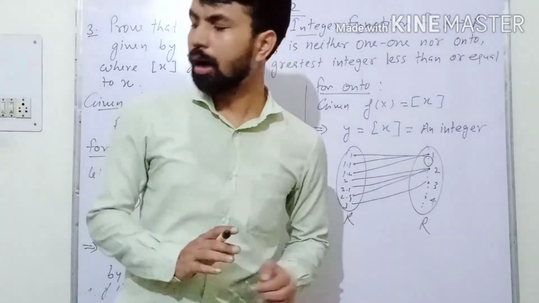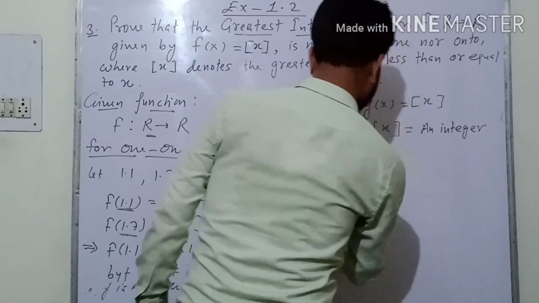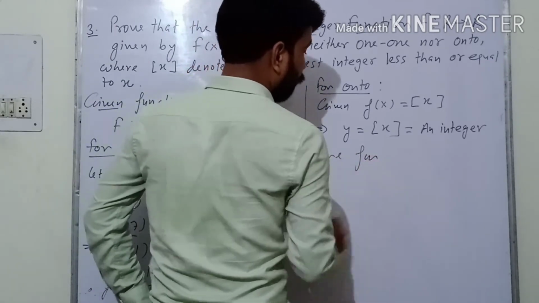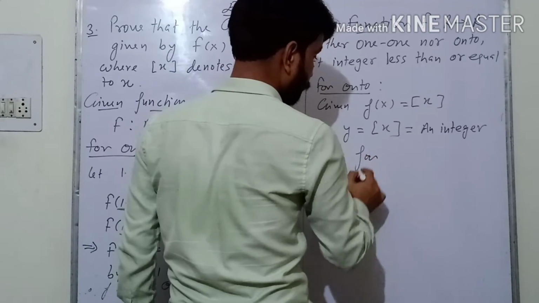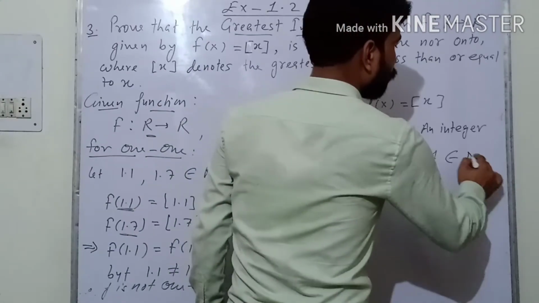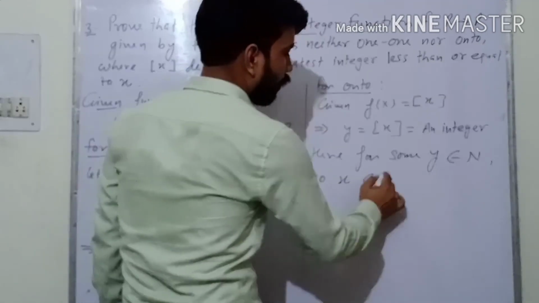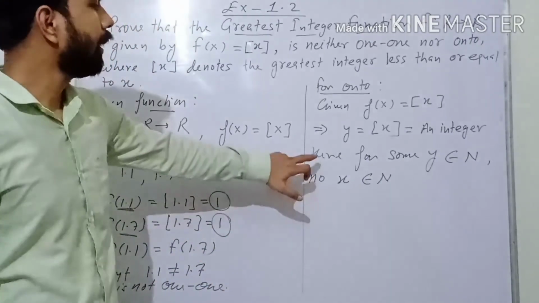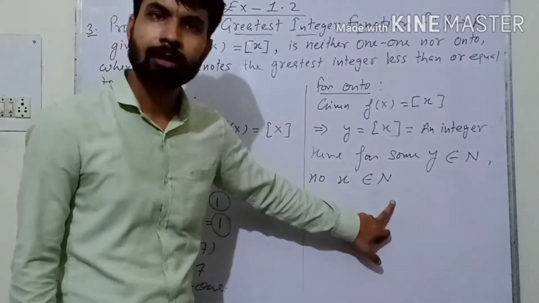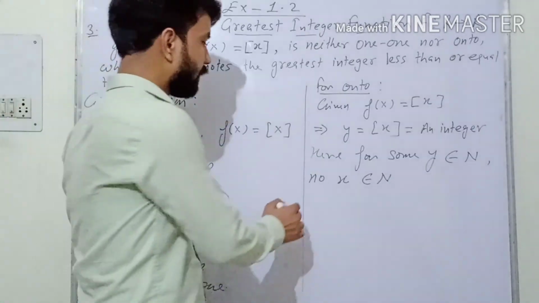Hope it is clear. So how can we write? For some value of y which belongs to its codomain, there is no x belonging to its domain. That is, for some values of y, no x lies in its domain.